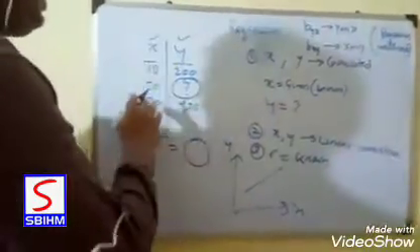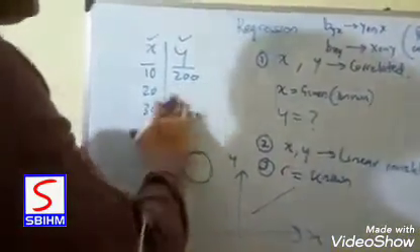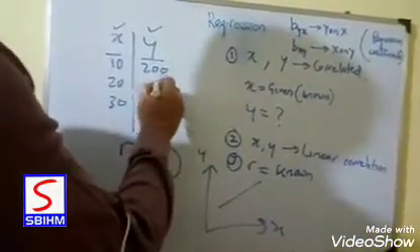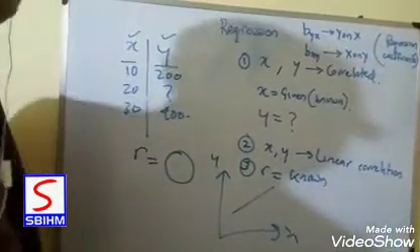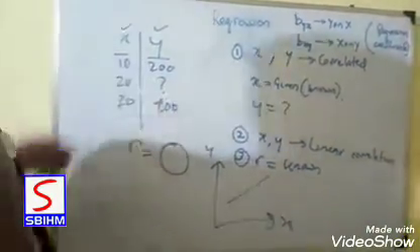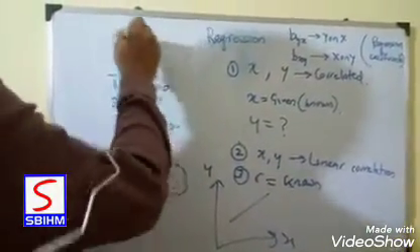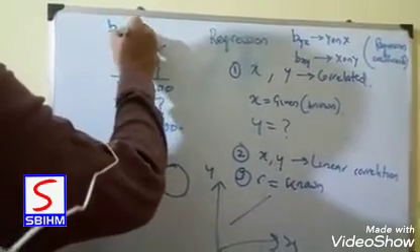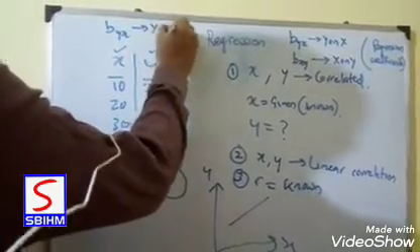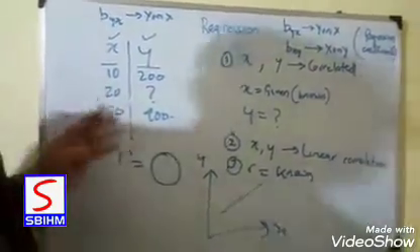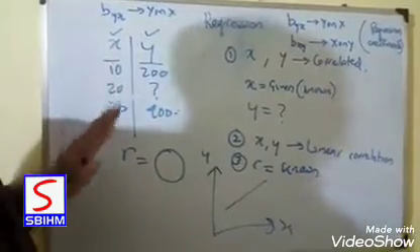Because it may be that the value of x is given. If the value of y is unknown, then we have to estimate it from x. Then we use the regression coefficient y on x. There is a concept of dependent variable and independent variable.